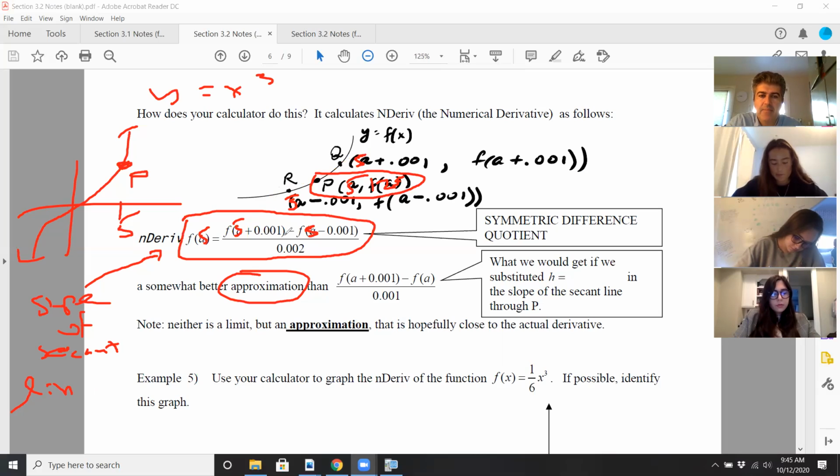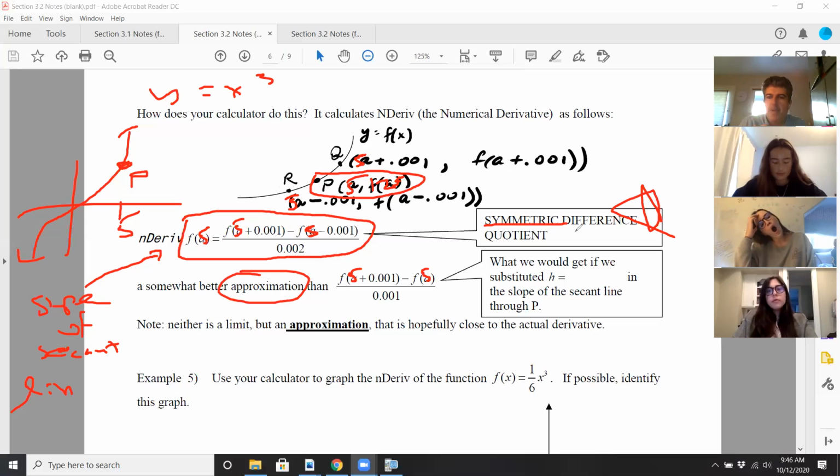Some people will sometimes do this. They'll do it at x equals 5 and at x equals 5.001 to find that slope. You could do that too. But this is a little better because it's symmetric. Because you're taking a little bit to the left of x equals 5, a little bit to the right of x equals 5.